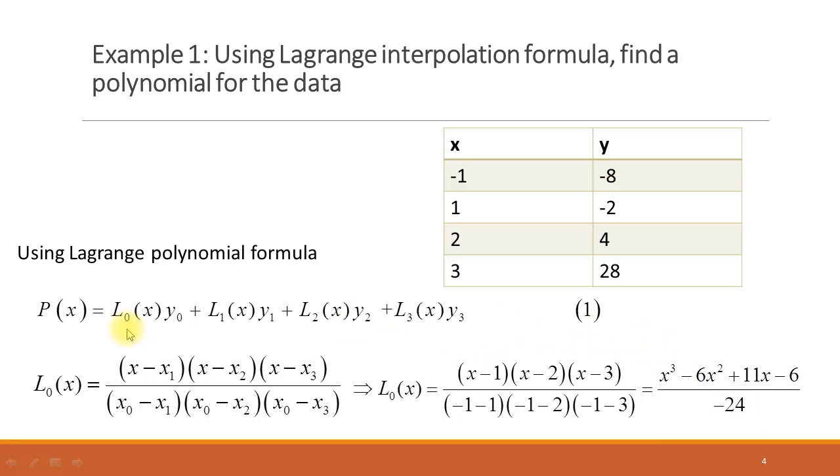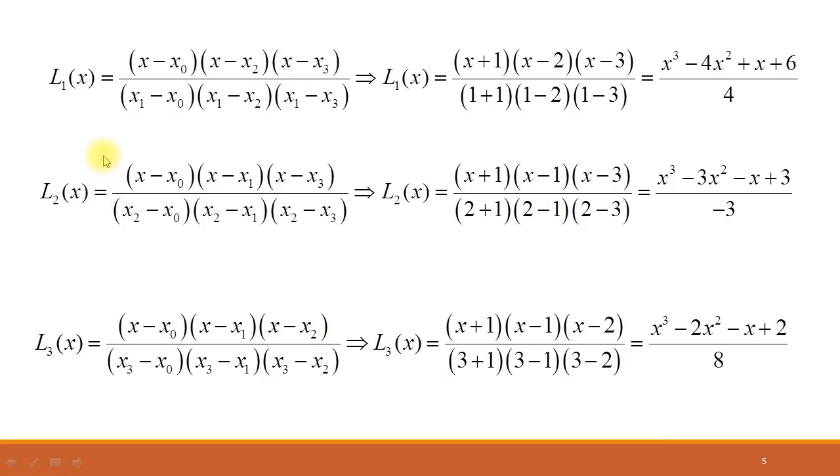Now for L1, don't write x1 in the numerator, and subtract x0, x2 and x3 from the x. So x1 will be equal to x minus x0, x minus x2, x minus x3.